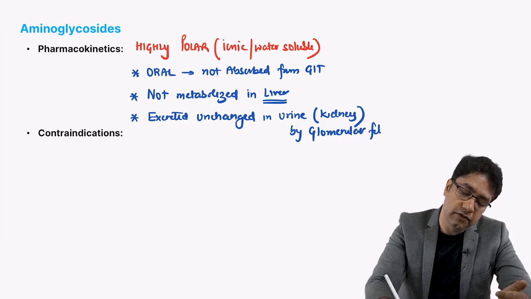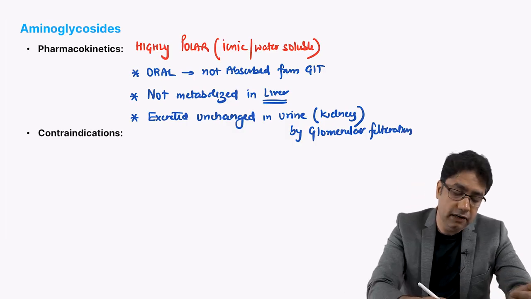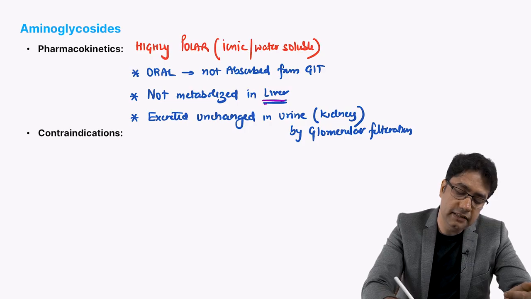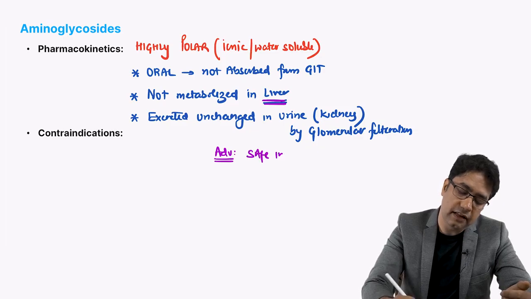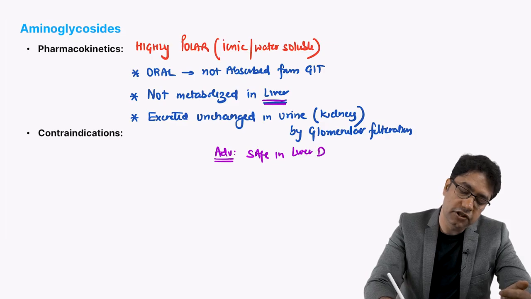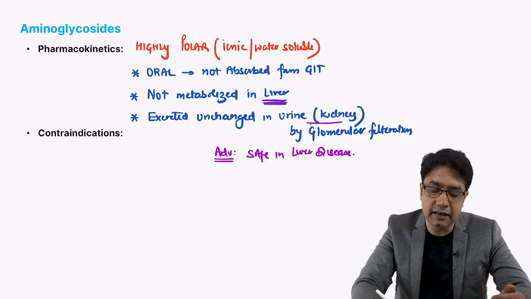So here comes one very important question. Can we give aminoglycoside in liver disease? So the great advantage of aminoglycosides is that they are safe in liver disease patient. No problem occurs. But the problem occurs in kidney.